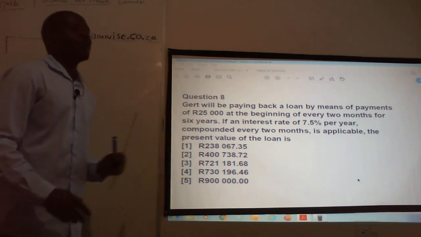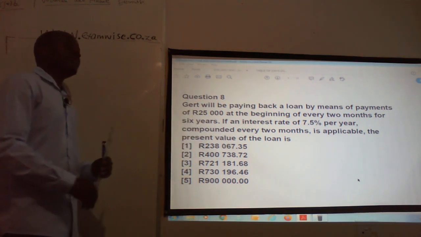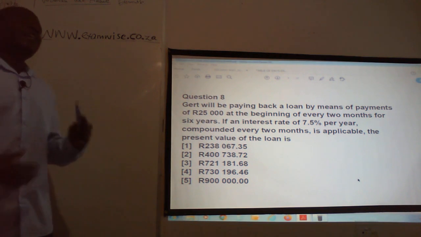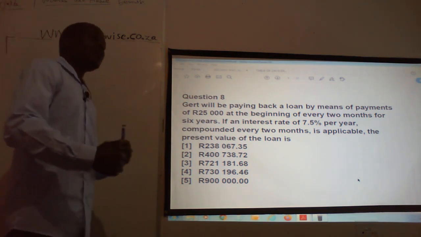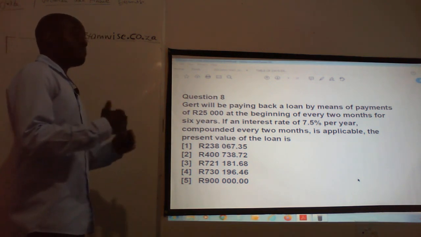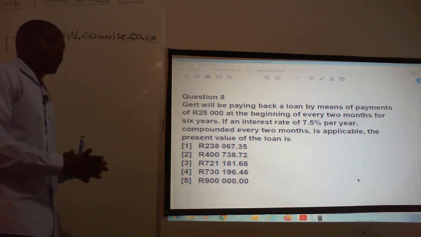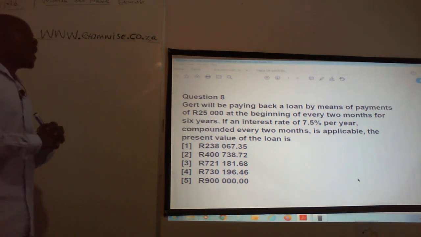So we have an annuity, which is a series of equal payments made over equal intervals.